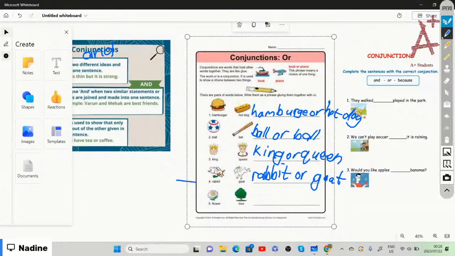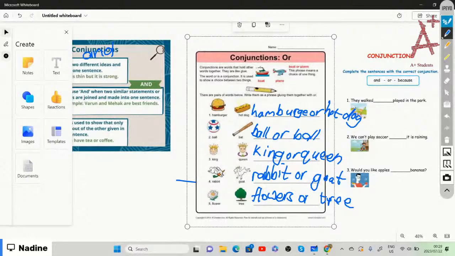right? So you are basically making a choice between these words. And then flowers or trees, right? And these are words that are now joined together, or they are glued together like the picture states, with the word or.